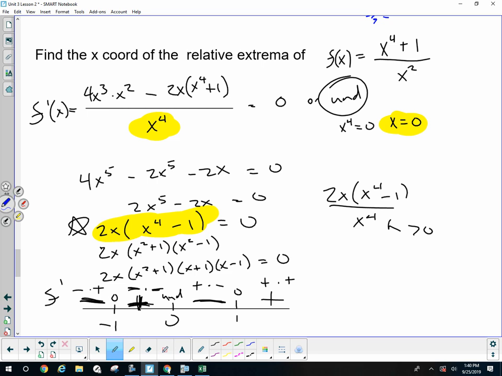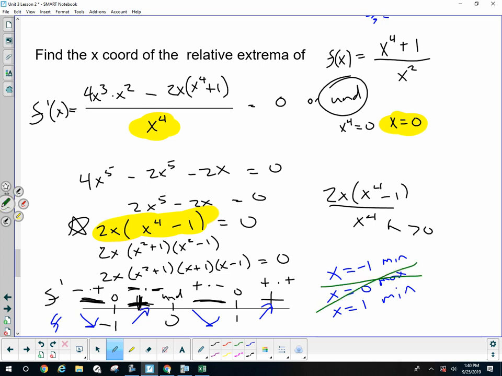So, behavior of f, this is a little tricky, is down, then up, then down, then up. So, it looks like x equals negative 1 is a min, x equals 0 is a max, x equals 1 is a min.